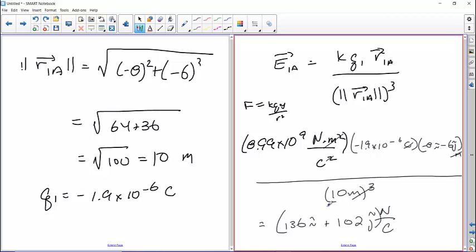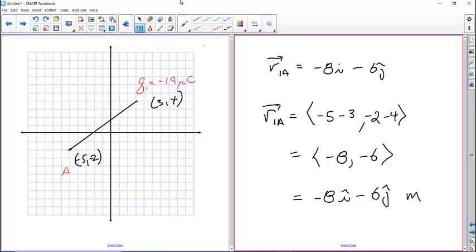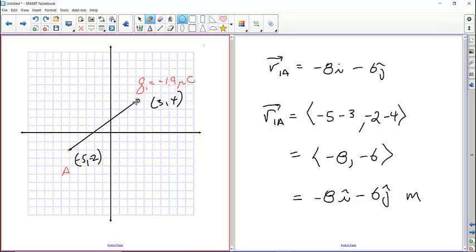So let's look at that. If we go over to our diagram, here is the point in question, point A. Here's the charge, charge 1. Let's put a little circle there so I can see that this is a charge. This is just a point in space.